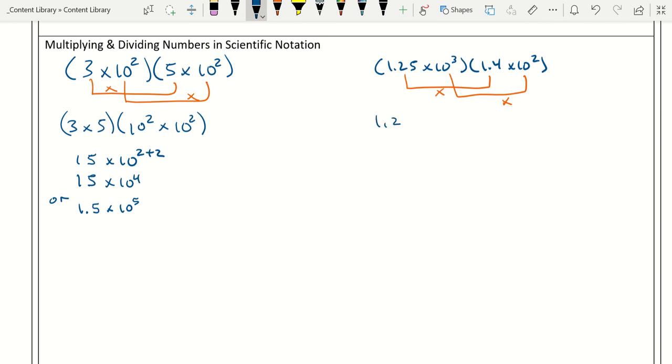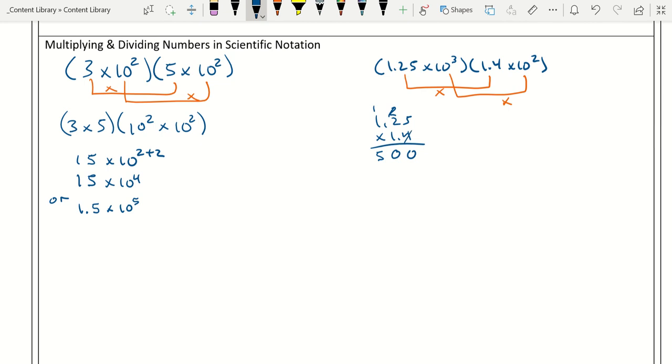So 1.25 times 1.4. 4 times 5 is 20. Carry the 2 over. 2 times 4 is 8 plus 2 more is 10. And then we end up with 1. So 1 times 4 plus 1 is 5. We've done the 4.